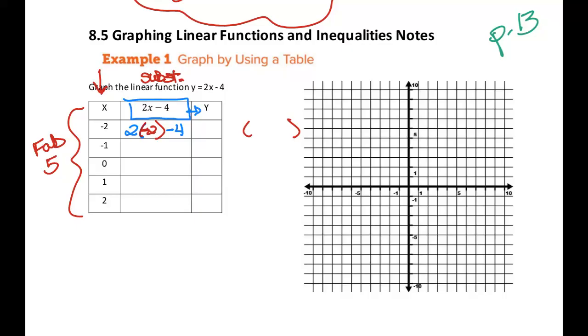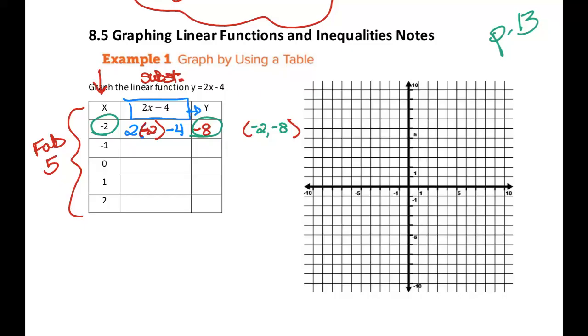And on the number line, you're at -4, and you take away 4 more. That gives you -8. So that means my coordinates for this point is the X value of -2 and the Y value of -8. Okay?